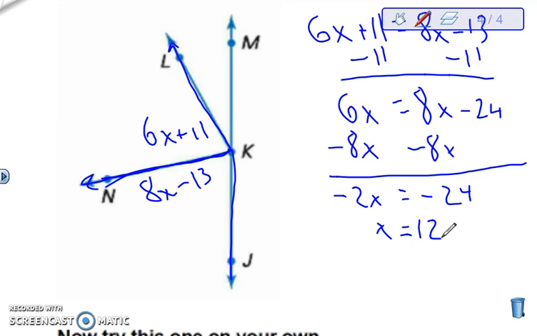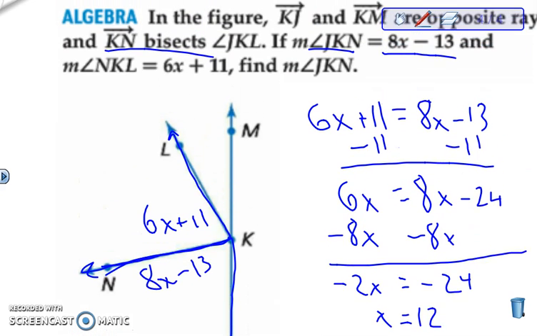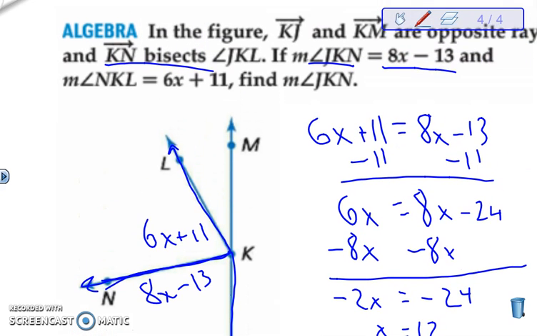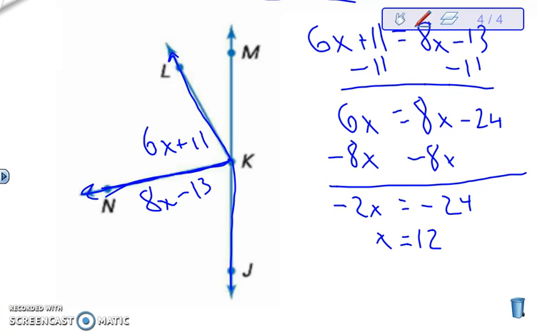Okay, so last thing, double check, make sure we have what the question was asking for. It says to find the measure of JKN. So JKN was this side right here.